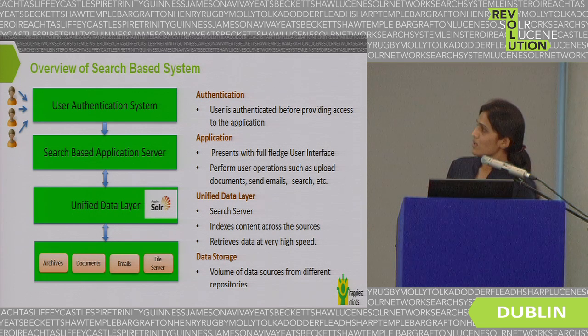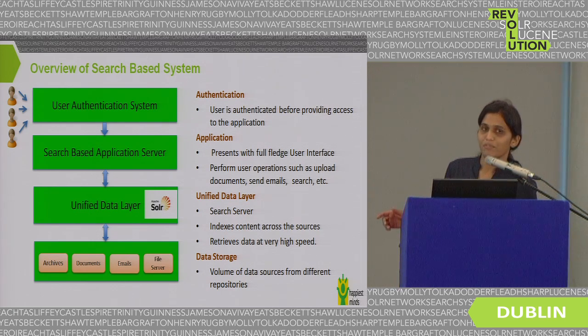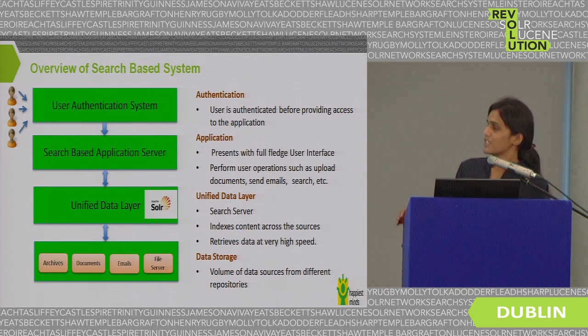In the pictorial representation, if we start looking from the bottom, we see the data storage layer, that is the volume of data aggregated from different repositories like archives or documents, databases, file servers, emails, etc. And then we see a search engine that indexes content from these data sources.